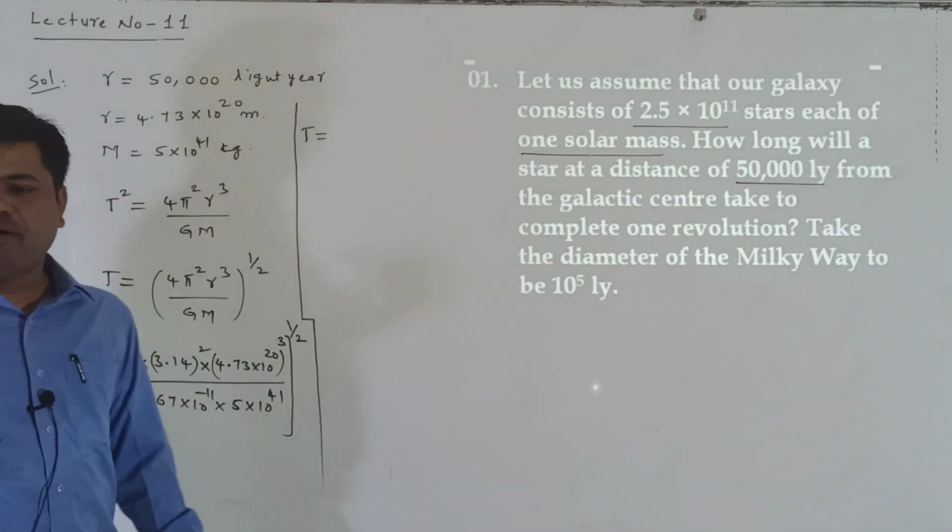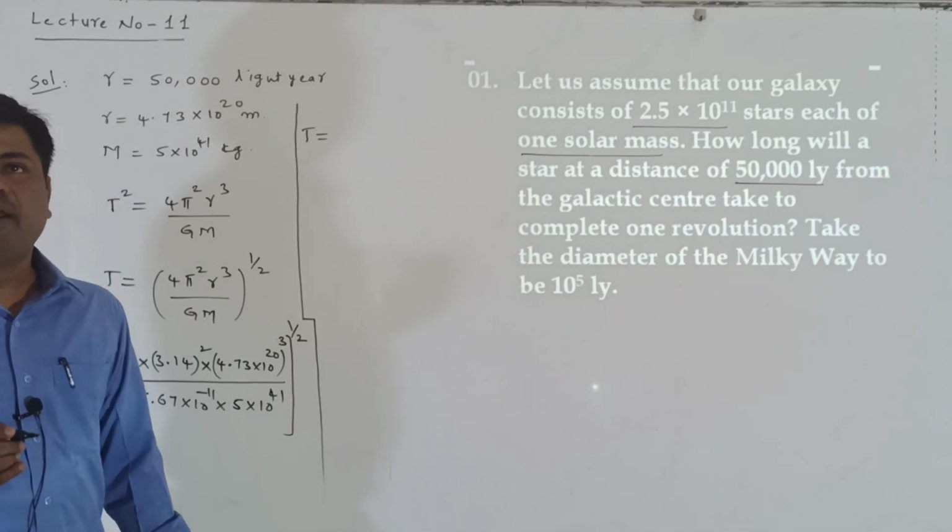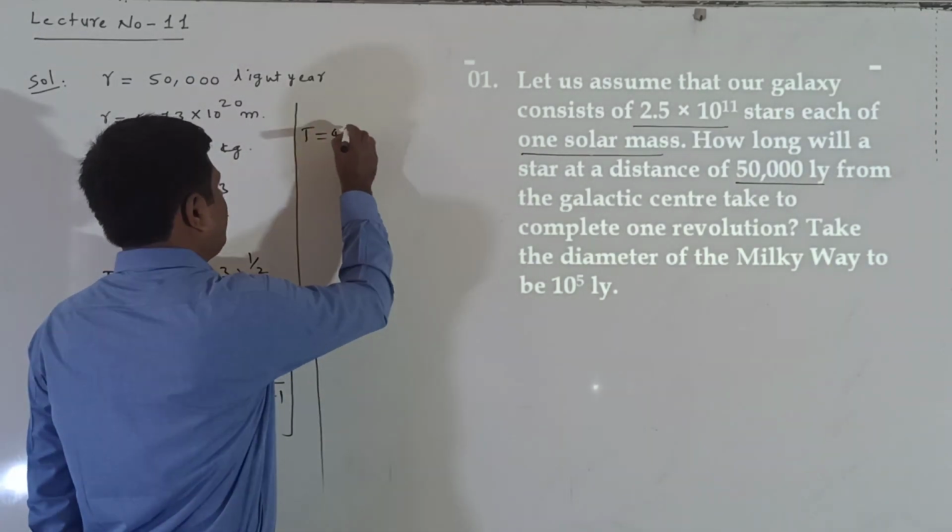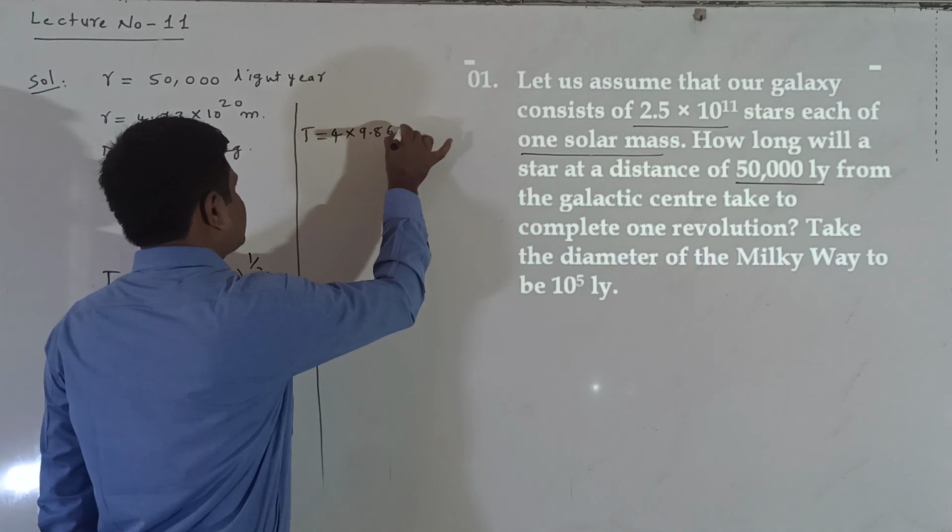Here 4 into 3.14 whole squared: 3.14 into 3.14 is 9.86, so 4 into 9.86.